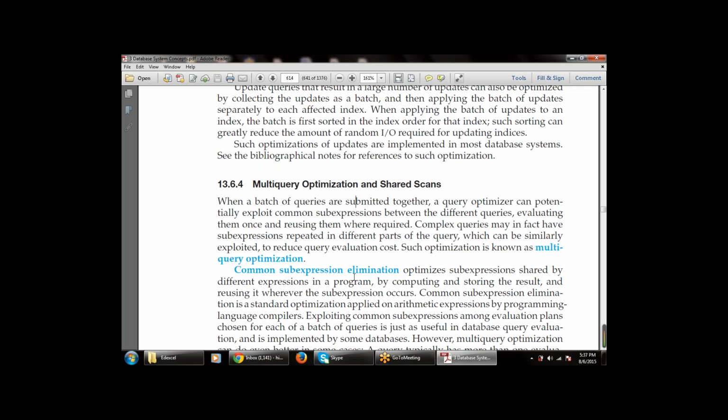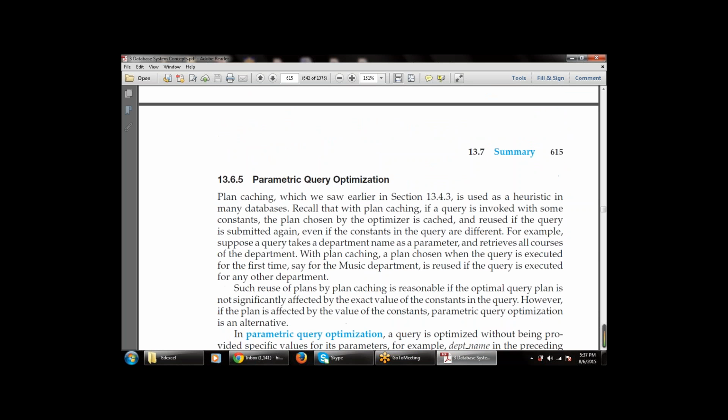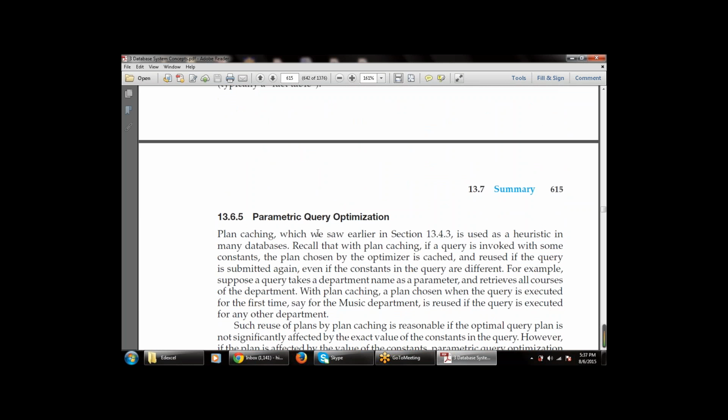Common sub-expression elimination optimizes sub-expressions shared by different expressions in a program by computing and storing the results. Shared scan optimization works by reading the relation once and sharing it across queries.